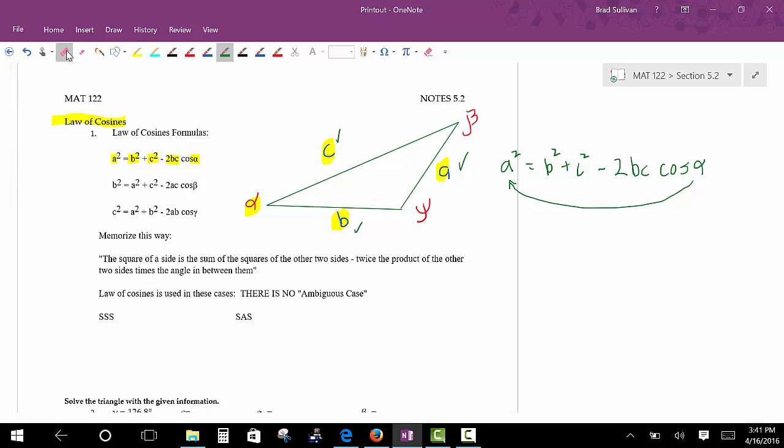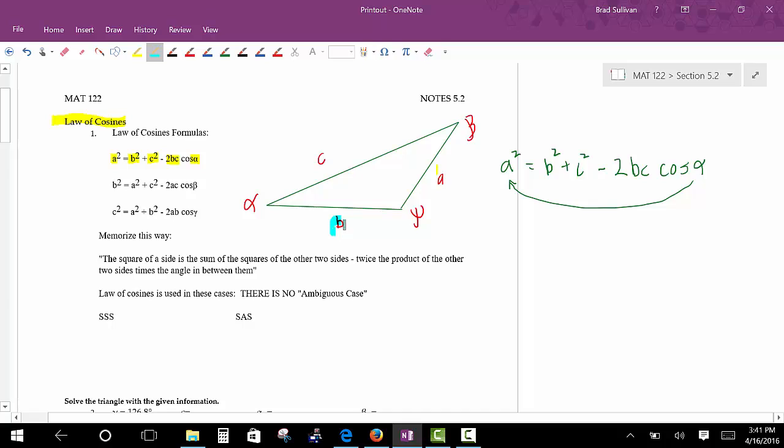Now I'm going to erase that and do this a different way. I'm going to start over and show you how the other formulas work. They're all the same anyway. Let's again call these alpha, beta, gamma, A, B, C. Let's pick this side now.